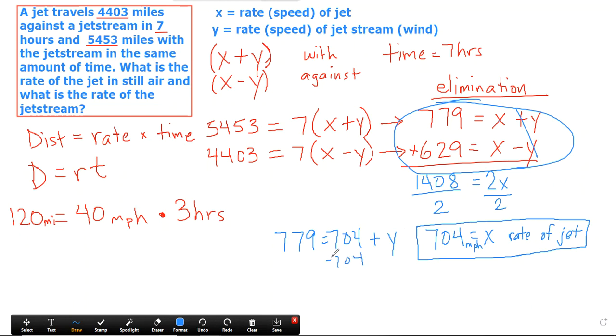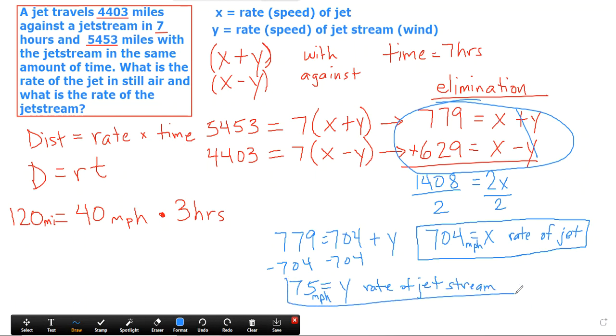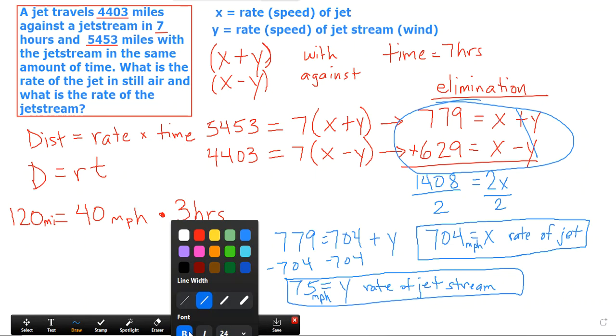By subtracting 704 from both sides, I will be able to calculate that the rate of the jet stream is 75 miles per hour. And that last process we call substitution, substituting in to find those values.